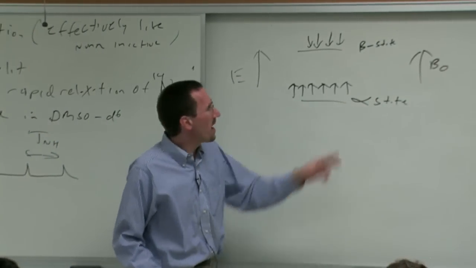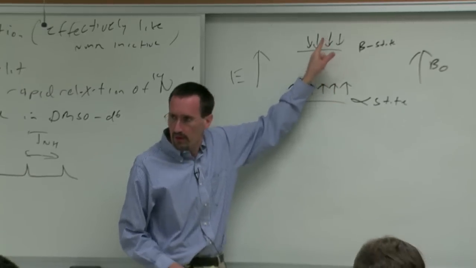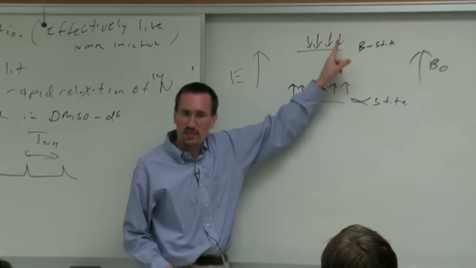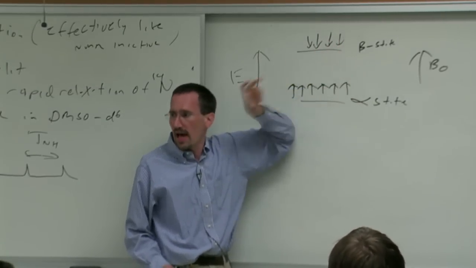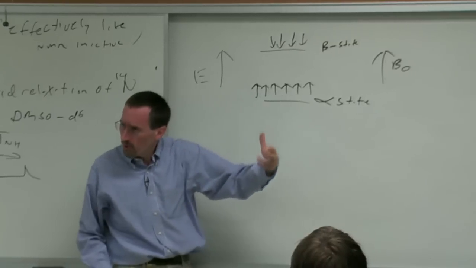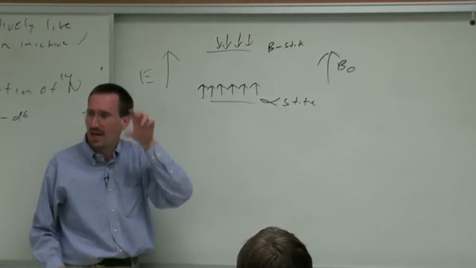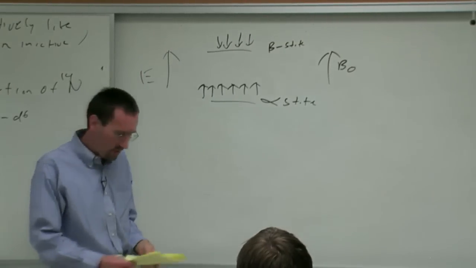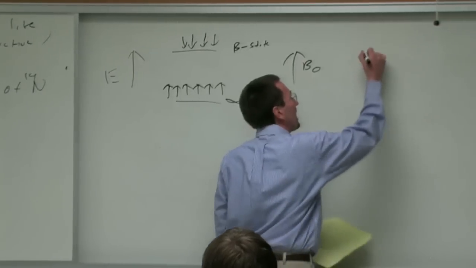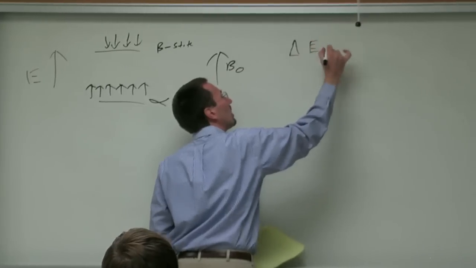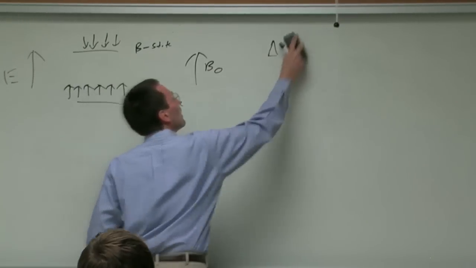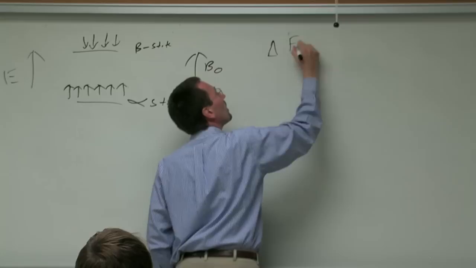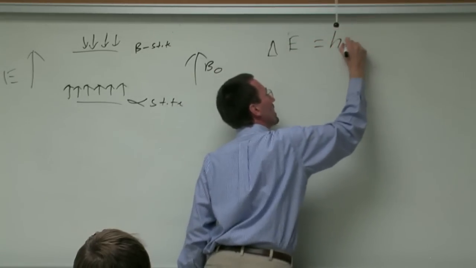We can think about the energy to flip a nucleus from the alpha state to the beta state as the energy of a photon, in other words, an energy quantum in the electromagnetic spectrum. And that delta E is going to be h nu.